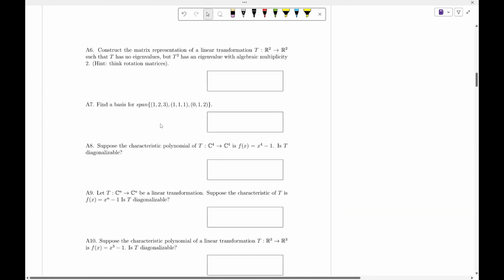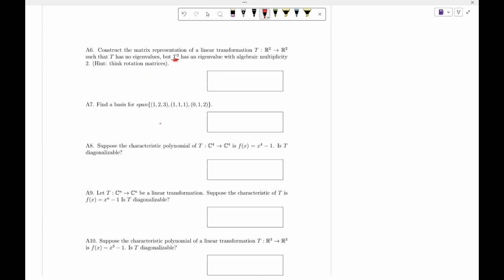Now we want to construct a matrix representation of a linear transformation such that it has no eigenvalues. But when we square it, we have an eigenvalue with algebraic multiplicity 2. So what I need is I need t squared to have some sort of nice properties with the eigenvalues both being real.